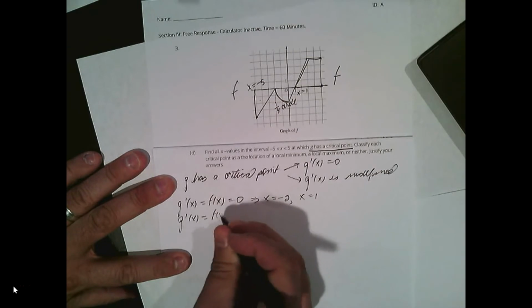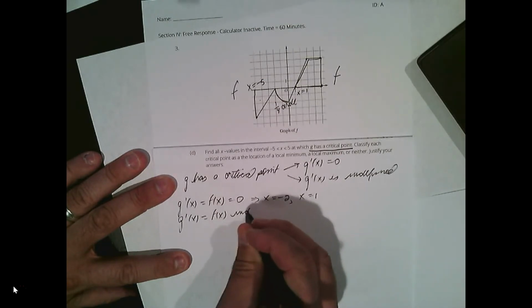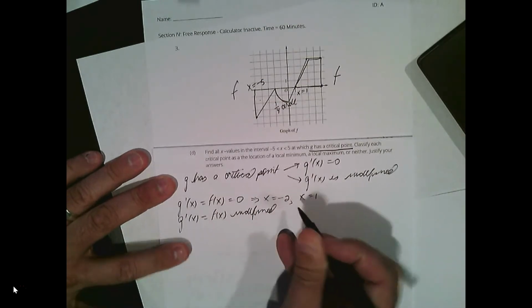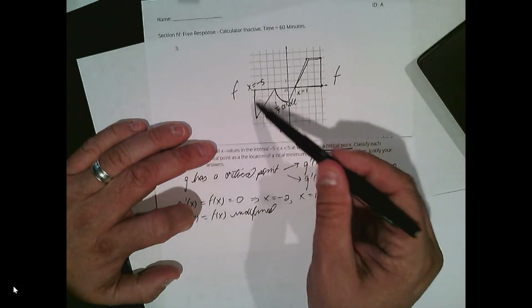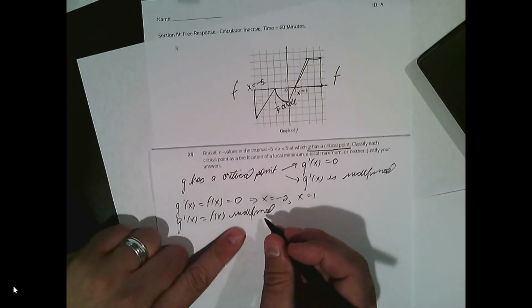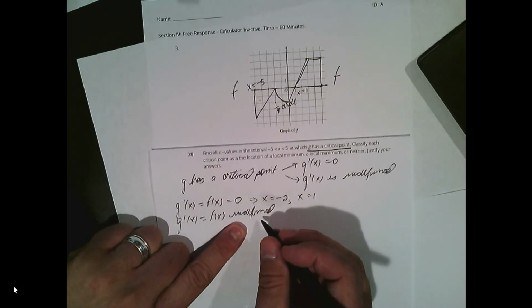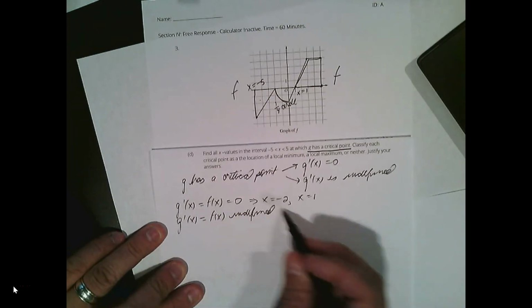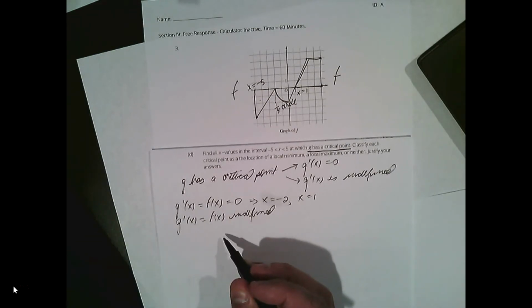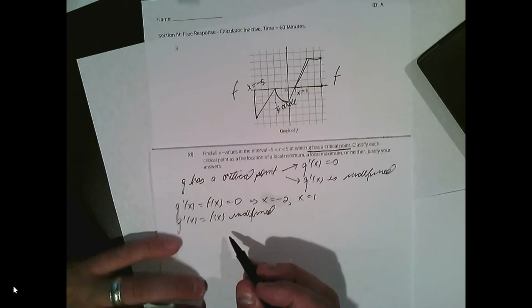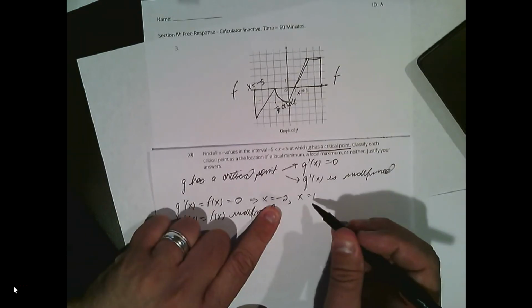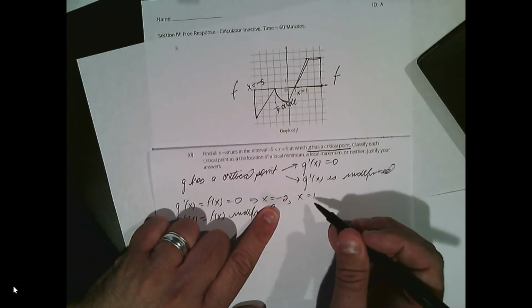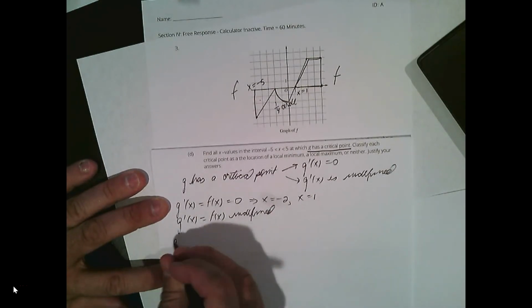Let's see, is g prime of x, which is equal to f of x, ever undefined? On this particular interval, the function is always defined, so this is actually not something that we need to worry about. So we're not going to have any critical points coming from this idea that g prime or f of x is undefined. So that's good. We just need to worry about what happens at x equals -2 and at x equals 1.